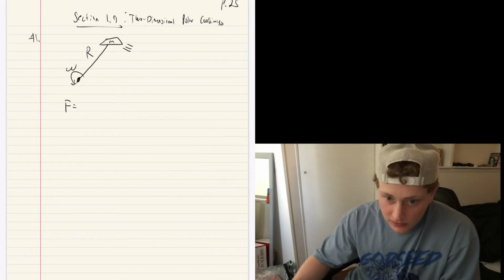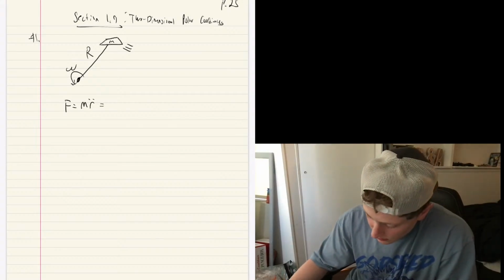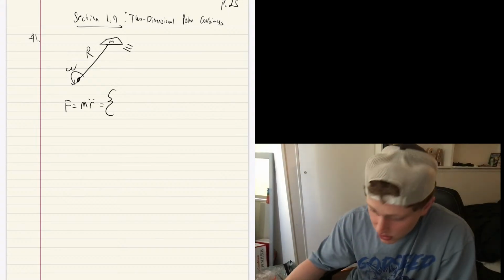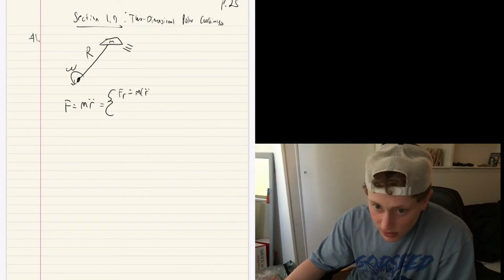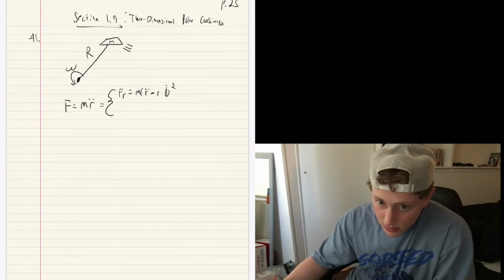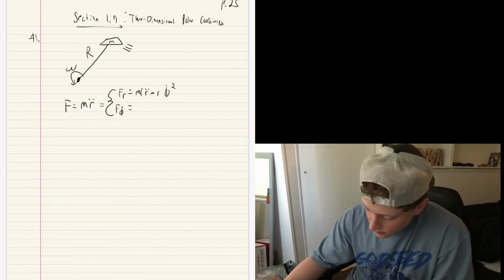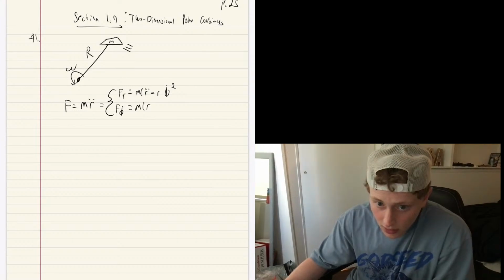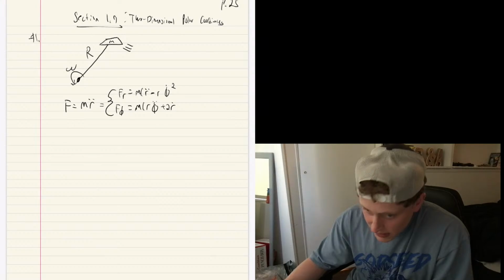So we have F equal to mass times acceleration, which is equal to our piecewise function, f of r, which is equal to m times the acceleration of the radius minus r phi dot squared, and f phi equal to m r phi double dot plus 2 r dot phi dot.